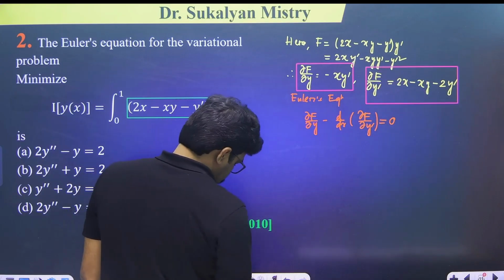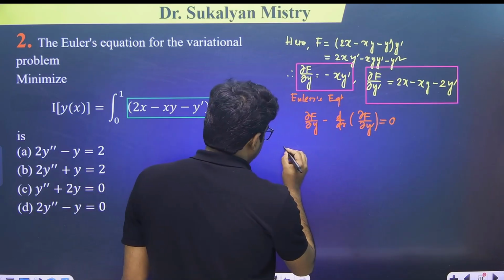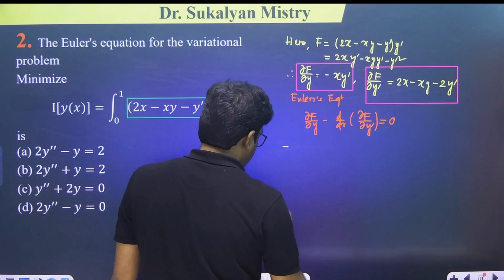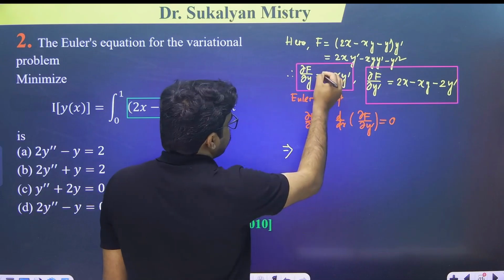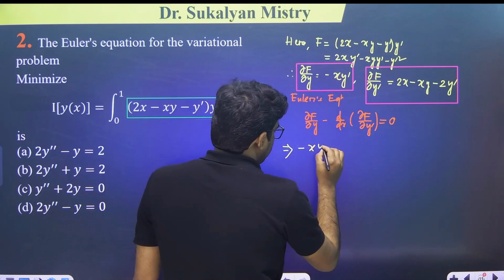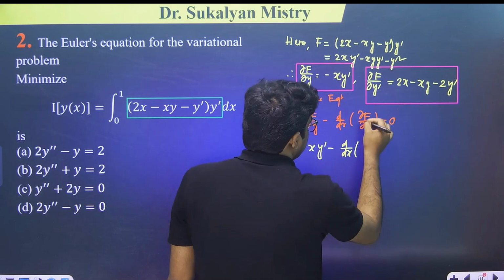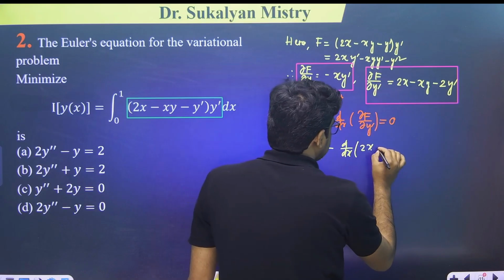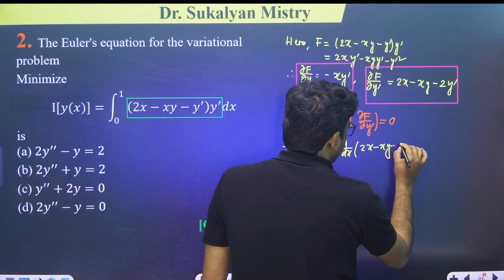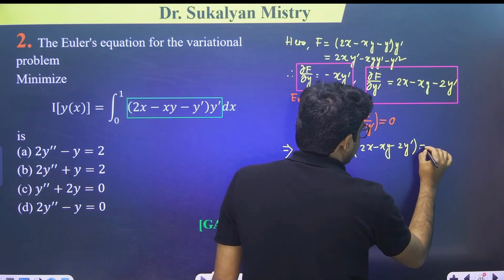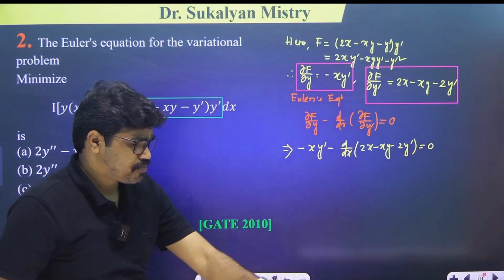So now this equation becomes: del f/del y, that is minus x y dashed, minus d/dx of del f/del y dash, that is 2x minus xy minus 2y dash, is equal to 0, right?